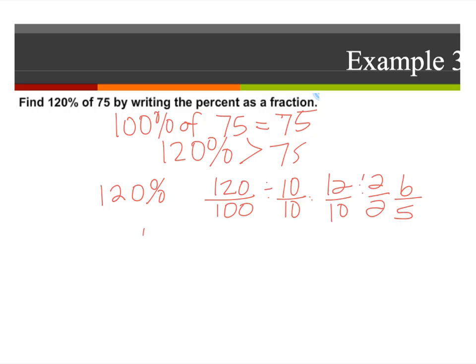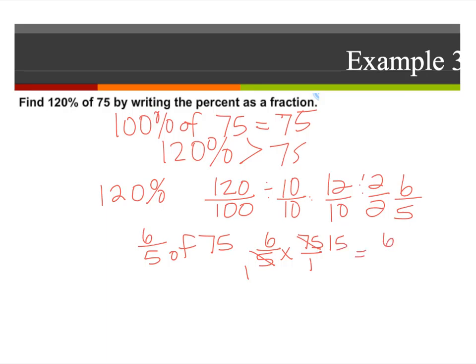So now if we take 6/5 of 75. Now remember, of means times, so we're going to go 6/5 times 75 over 1. I can cross reduce. I get 1 here and 15 here.